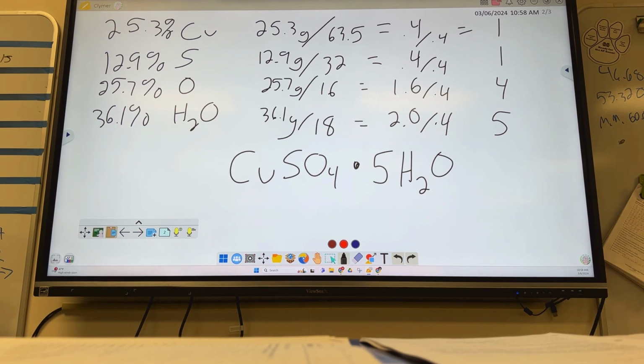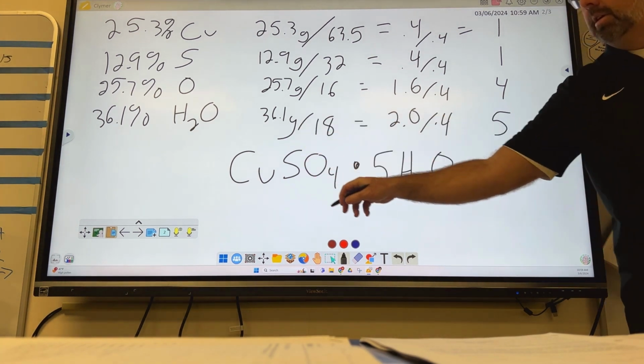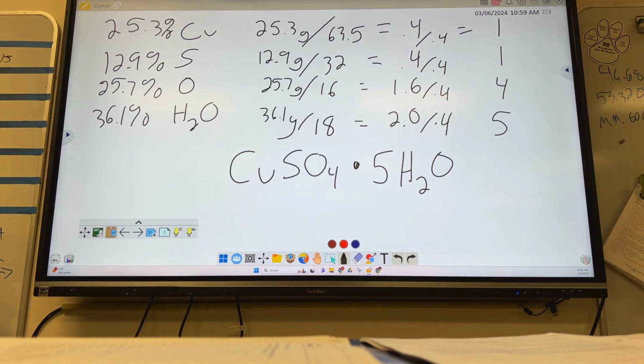So let's take this a bit further, because we're going to need this for tomorrow's lab. If I had 100 grams of this substance, how many grams of water do I have? 36.1 grams, right? 36% of whatever that sample is by weight is water. Does that follow? Yeah. Let's play make-believe. I take that 100-gram sample of this and I put it on the stove.